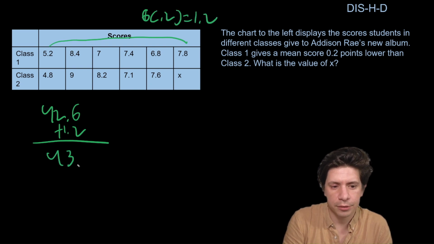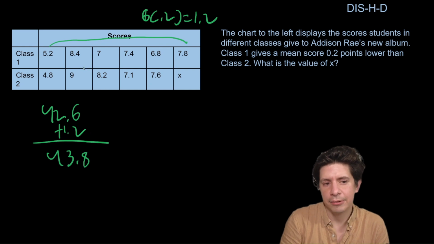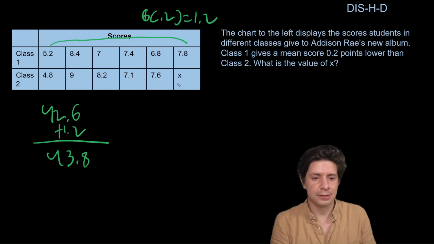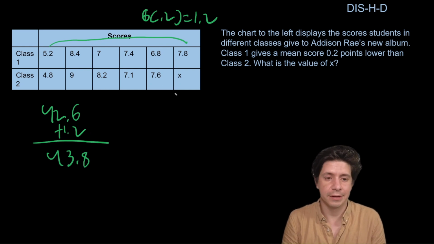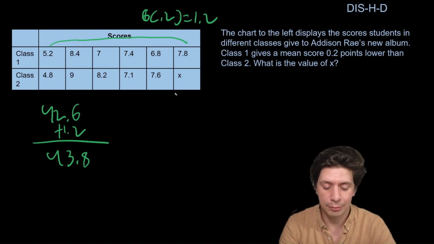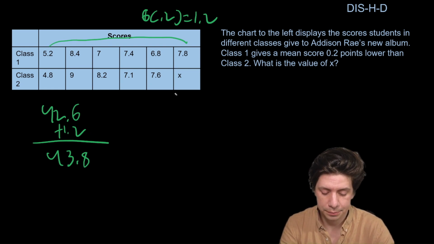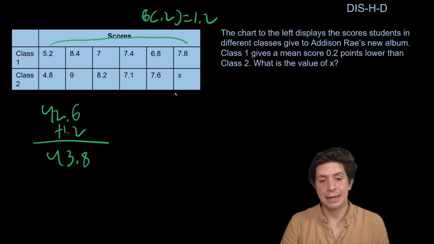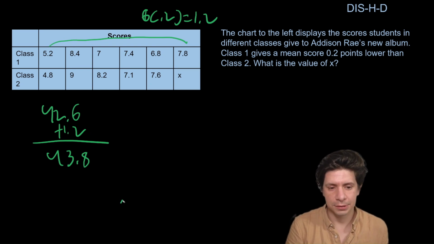That'll be 43.8. Now we're going to subtract these from it to find the remainder, which would be the x value. So add those together and then take them away from 43.8, and you will get 7.1. X equals 7.1.